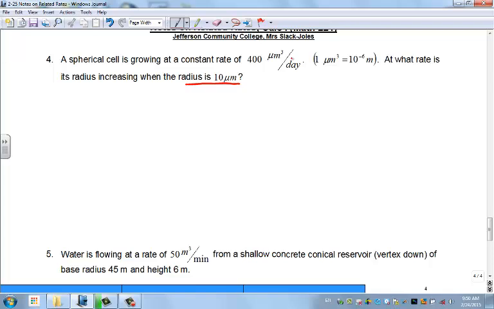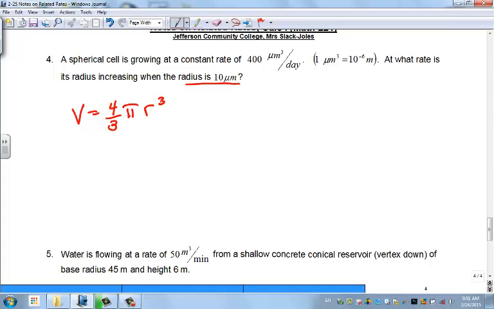It looks like a funky M. So let's go ahead. First thing you need to know is the volume of a sphere formula, because you're given a unit of volume. So V equals 4/3 pi r cubed is the formula for the volume of a sphere.